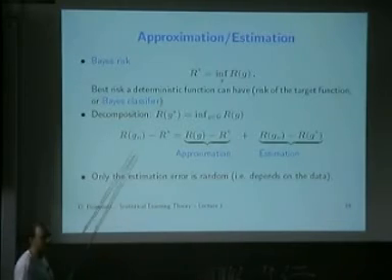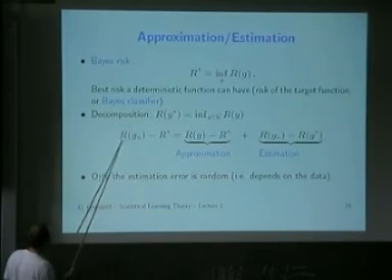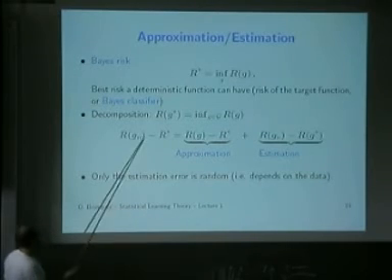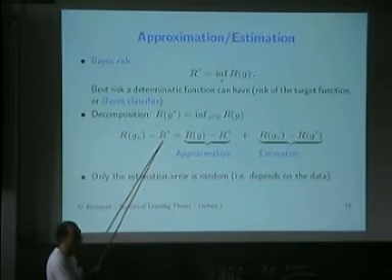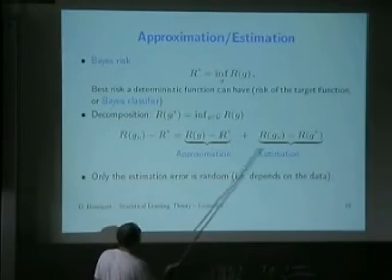Remember, sub n means I construct it from the data, it's data dependent. You look at the risk of this function, the risk of the classifier that you have obtained, and you look at how far it is from the best possible risk, the risk of the target function. And you can decompose it in this way.